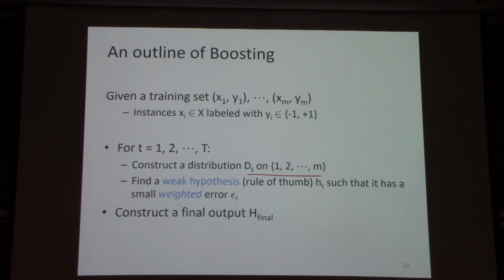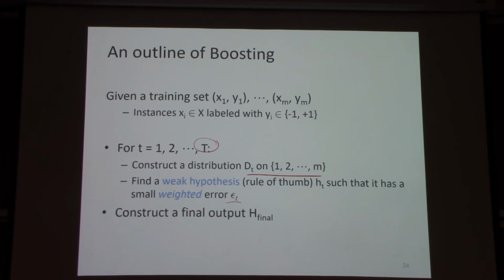You find a weak hypothesis that has a small weighted error on this distribution of the examples. Let's call the weighted error epsilon_t. So you produce capital T such weak classifiers, and you construct a final output. Let's call it h final.